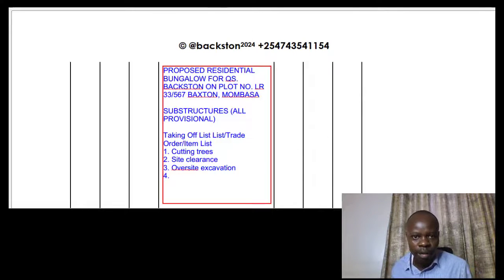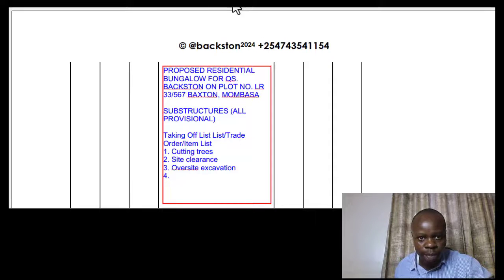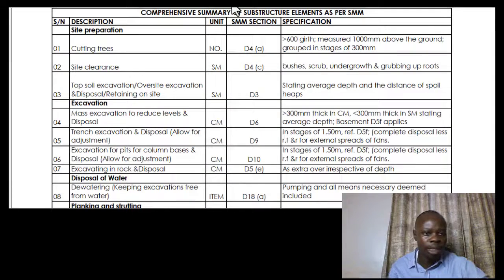So there are items, for instance, that we'll skip, like the mass excavation. Of course, we'll look at it in our more comprehensive coverage of a more detailed one. And the reason is these are simple projects, and we're assuming that the site is a stable one, where after we've done the topsoil stripping, whatever is remaining is at the reduced level reached, where you can just continue with construction as you should.